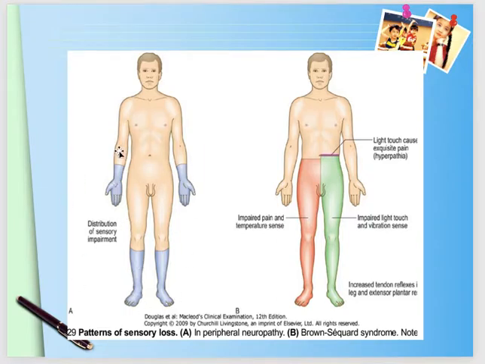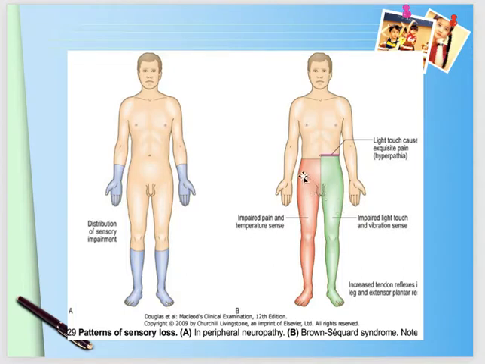Basically, the peripheral nerves which supply the distal parts of the body are affected. This occurs in diabetes. When you study diabetes, you will know there is something called diabetic neuropathy, in which the distal nerves of the body get affected.